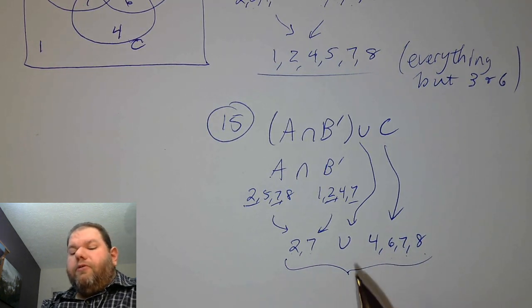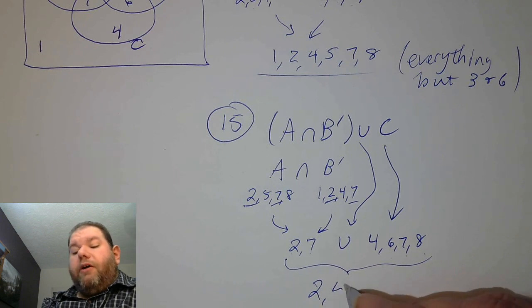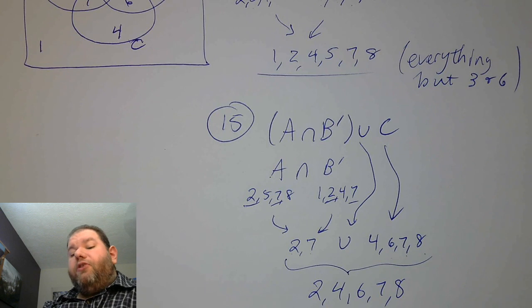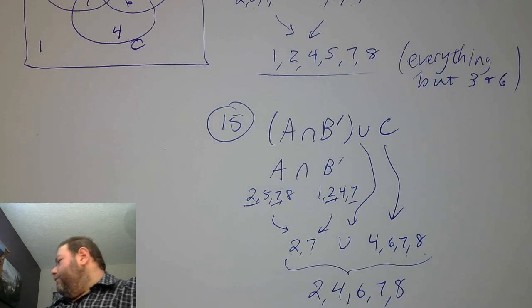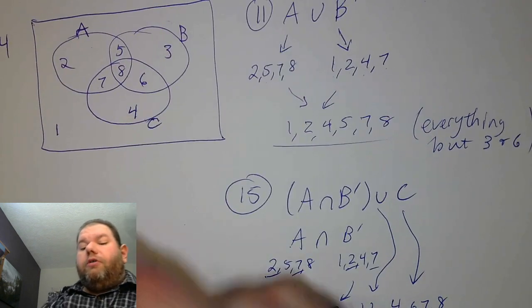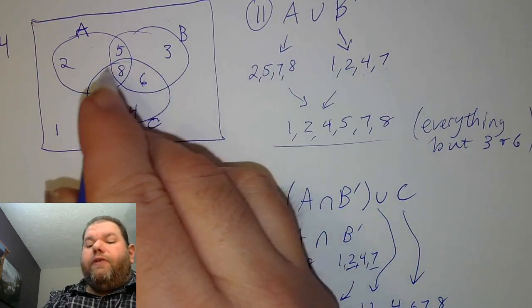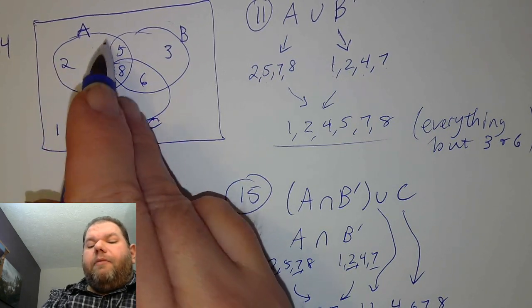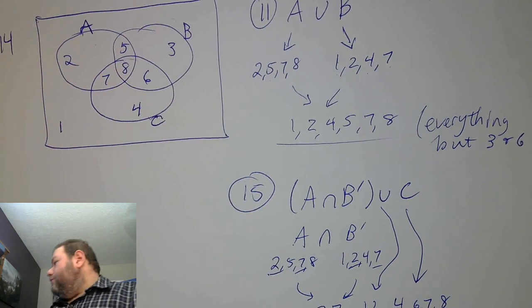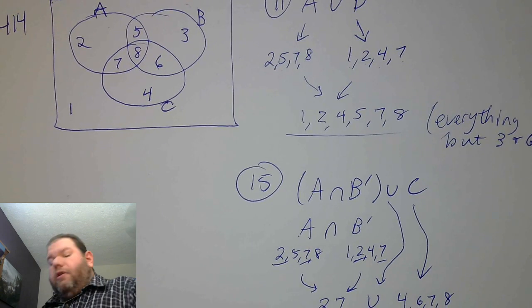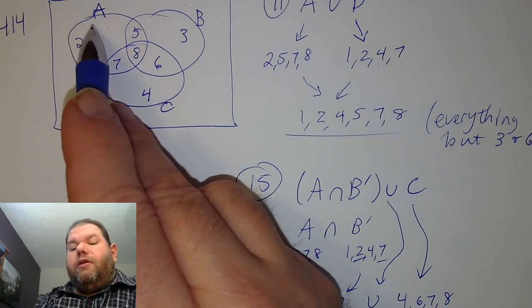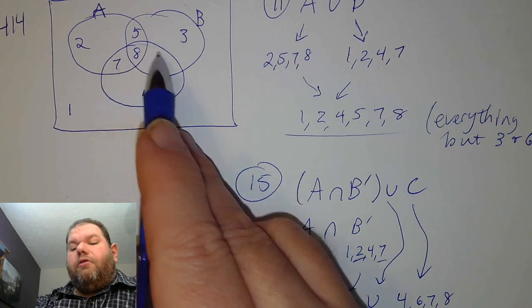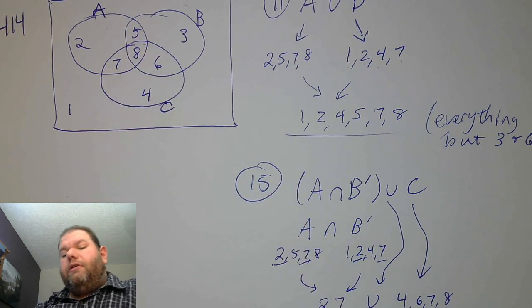The 7 occurs twice, but we only need to count it once, of course. So that would be regions 2, and then also 4, 6, 7, and 8. So that would be all of C, 4, 6, 7, and 8, plus region 2, which is inside A, but outside the other two. And so we would shade in region 2 and then all of C.